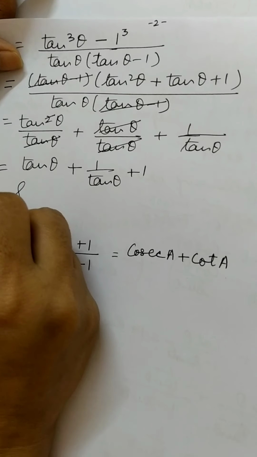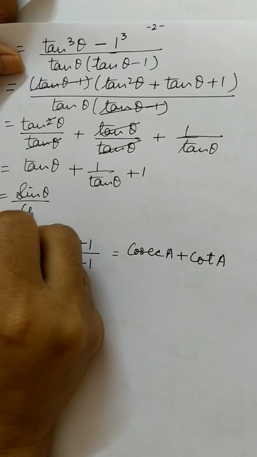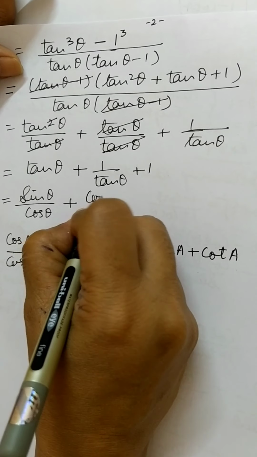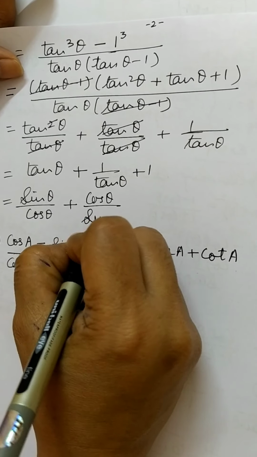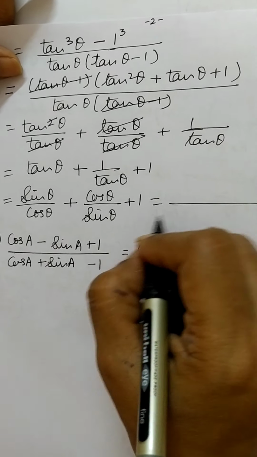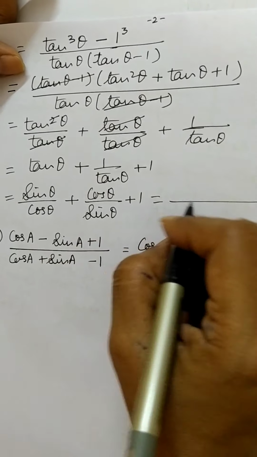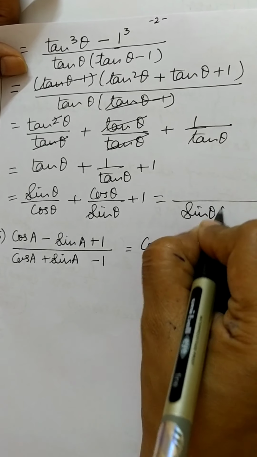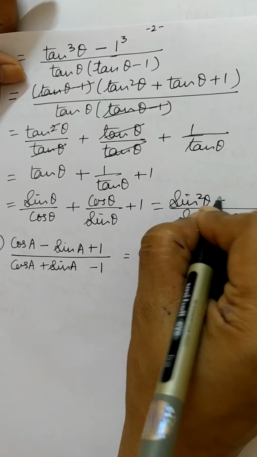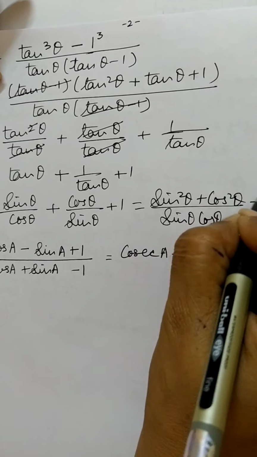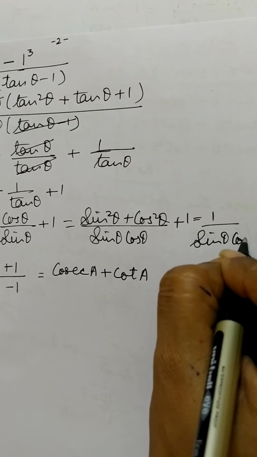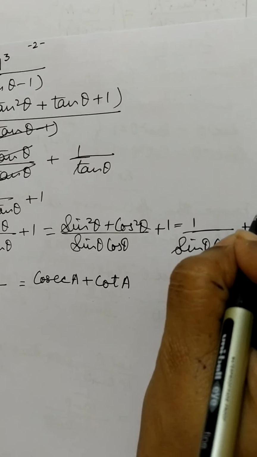Now tan theta is sin theta upon cos theta, plus 1 upon tan theta is cos theta upon sin theta, plus 1. If you take the LCM of these two terms, you get sin square theta plus cos square theta upon sin theta cos theta, plus 1, which is 1 upon sin theta cos theta plus 1.